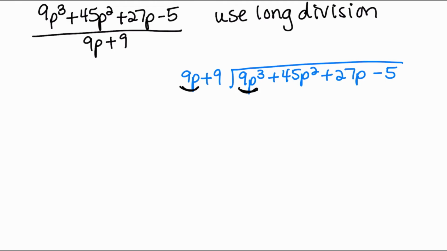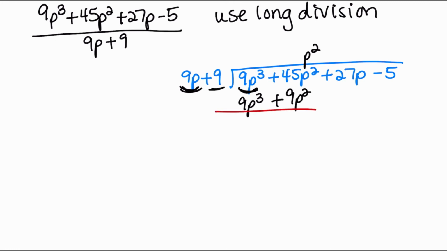What times 9p will give me 9p to the third power? The answer is p squared. So now I distribute. P squared times 9p is 9p to the third. P squared times 9 is going to give me plus 9p squared.